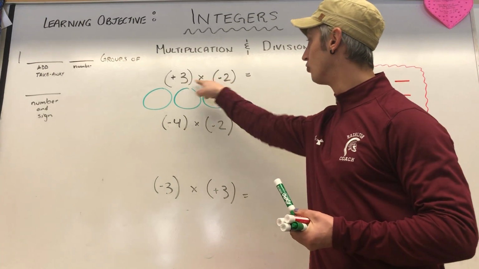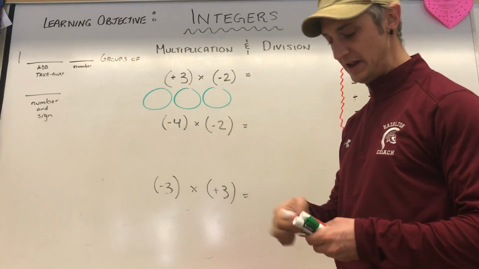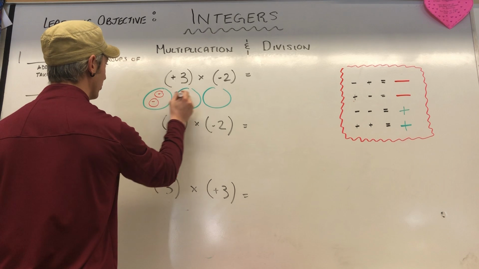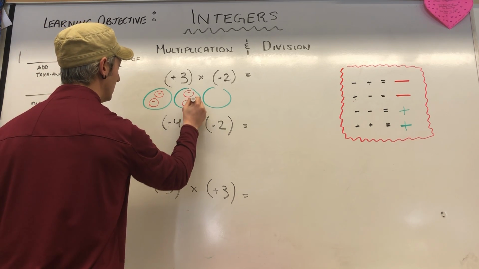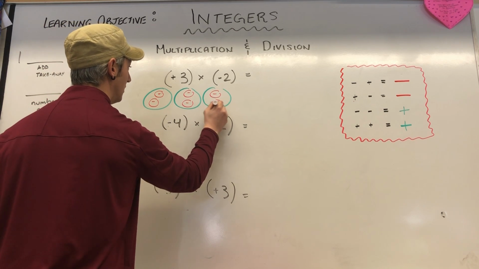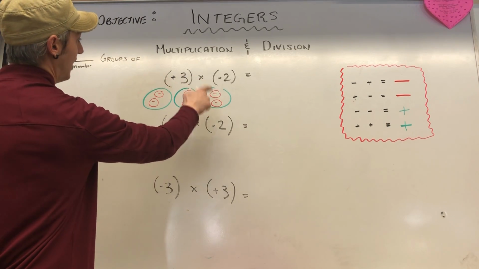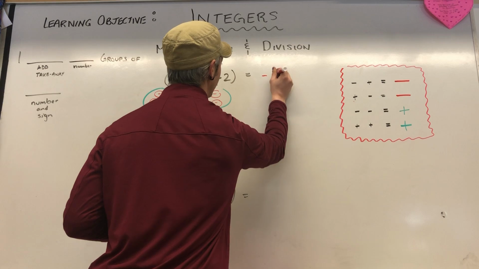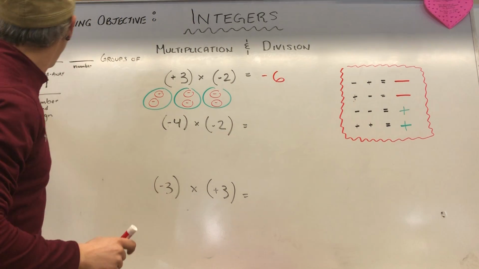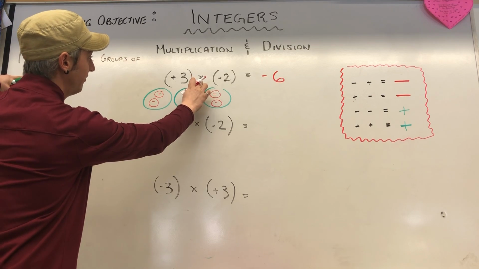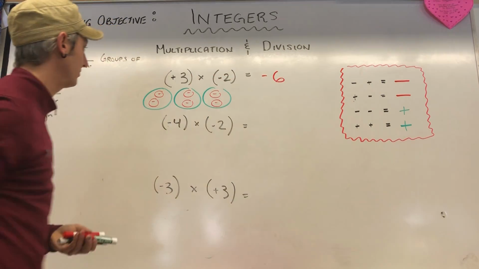So in each of these groups, I'm going to have negative 2. And what does that give me a total of? 1, 2, 3, 4, 5, 6, negative. Negative 6. I add 3 groups of negative 2.